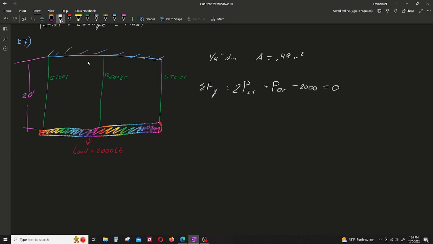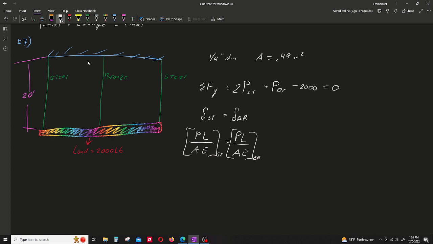From there we can solve for our change in length for our steel. That's going to be the same change in length for the bronze. So this is PL over AE being equal to PL over AE. I'm actually going to throw these in here just so that we keep them the same.